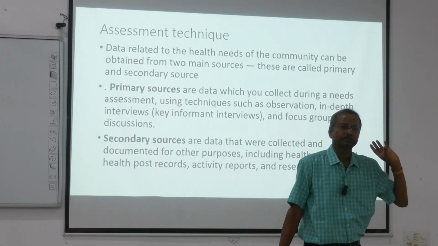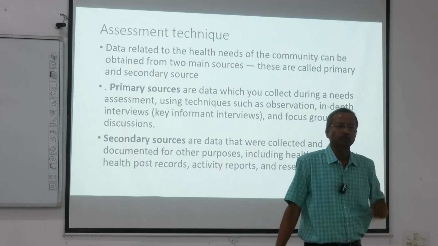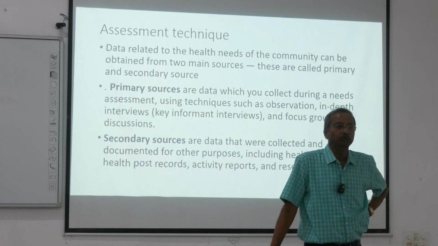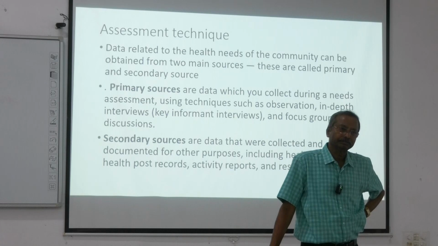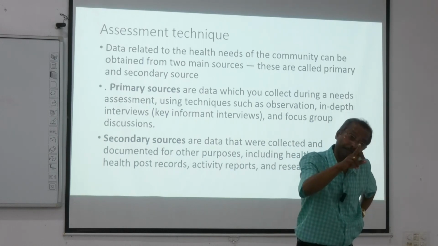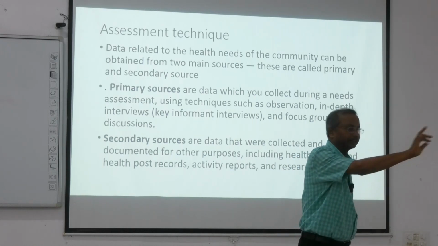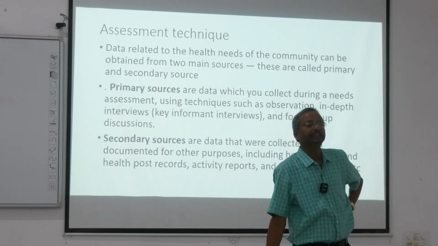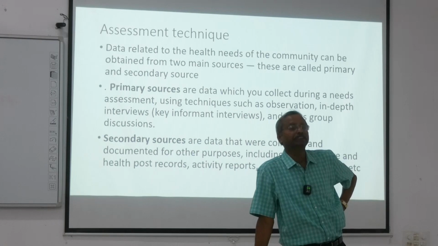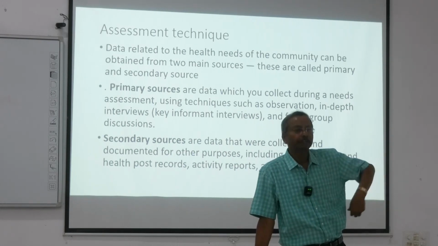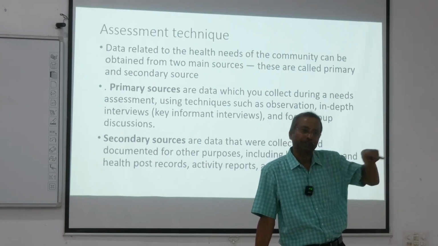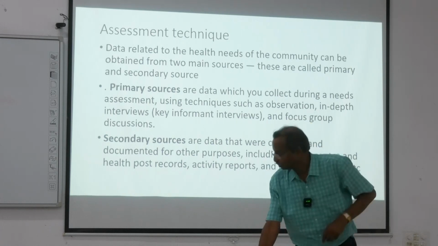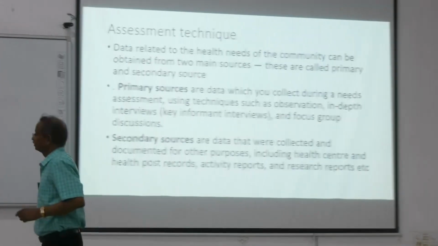You can see human stool, that means open defecation is there. You can see the ponds, and at the same time people washing utensils in the pond. So the question comes about sanitation. Through observation, you can collect some information.